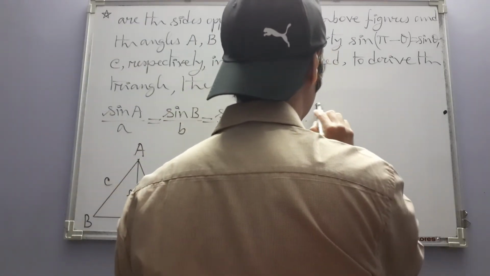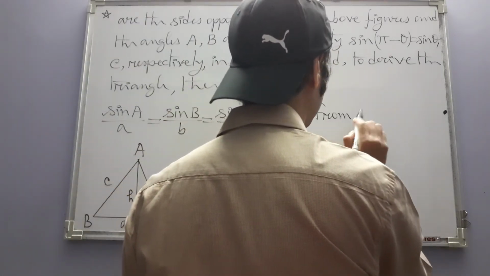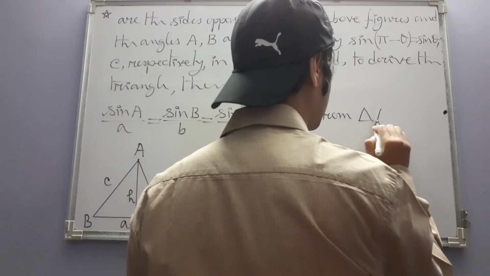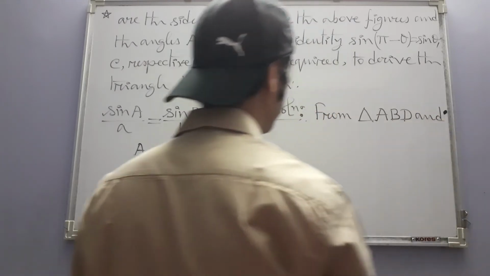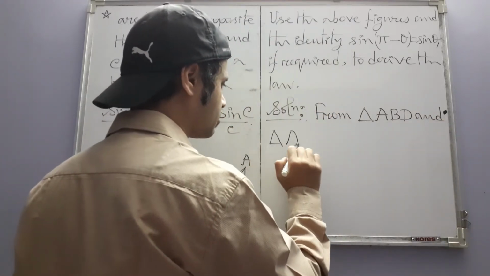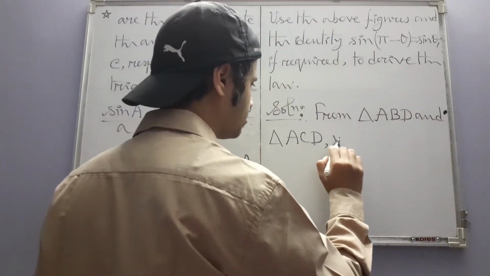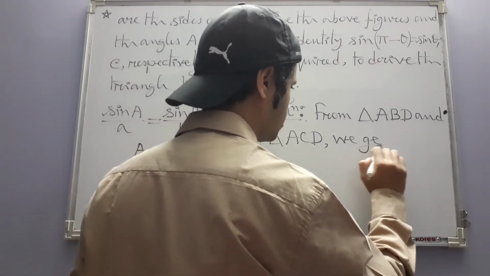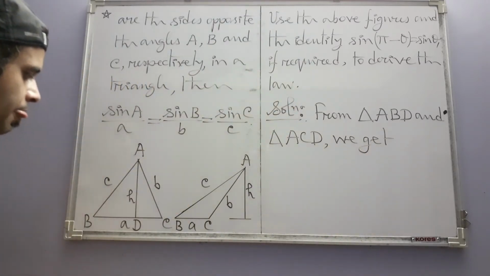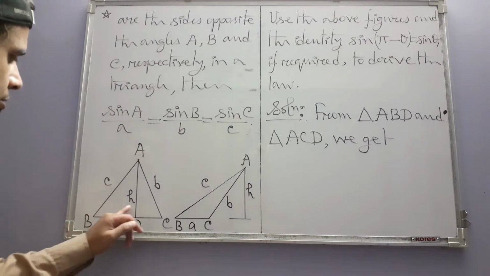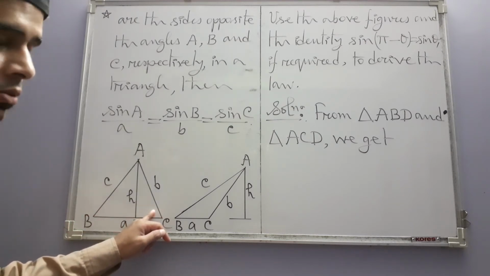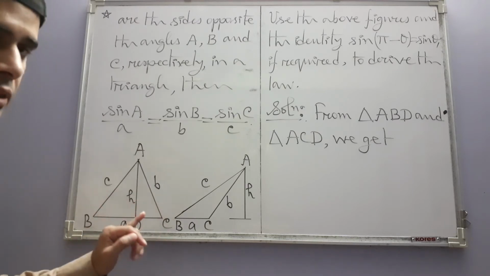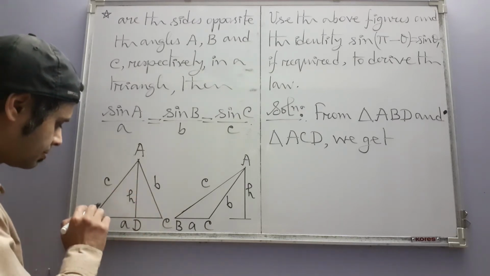So from triangle ABD and triangle ACD, we are trying to write whatever we get for sine B and sine C from these two triangles.